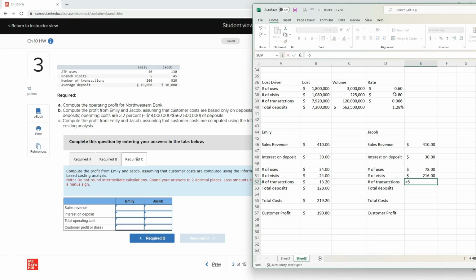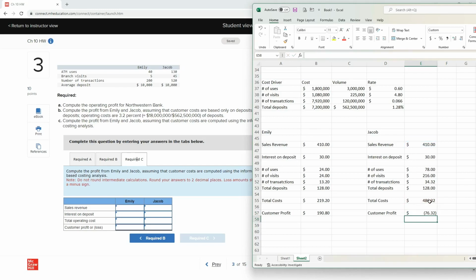He had 520 transactions. And his total deposits is going to be the same, $10,000 times the 1.28%. The total cost here is going to be $486.32. And so revenue of $410 minus cost is going to give us a loss of $76.32.